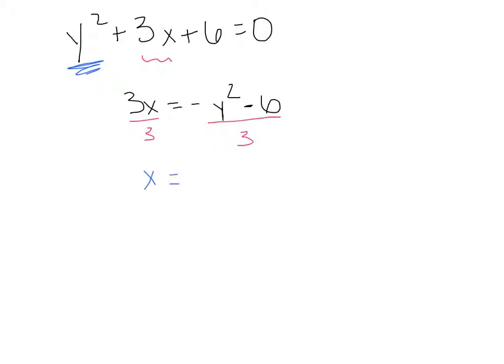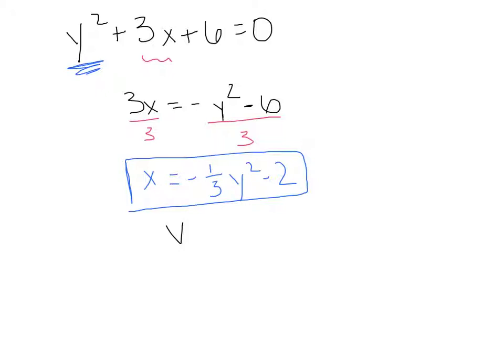We get x equals negative 1/3, because we want that fraction there. That's going to help us out. y squared minus 2. And there we have it in our graphing form. From here we can find the vertex and all sorts of other good stuff. The vertex in this case, h, is negative 2, and y is 0, because we have nothing in there with the y squared term. We didn't have to complete the square.